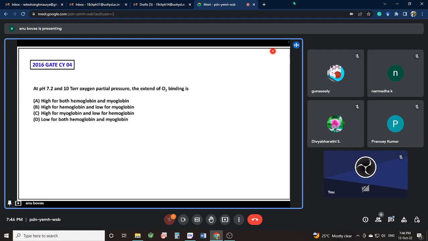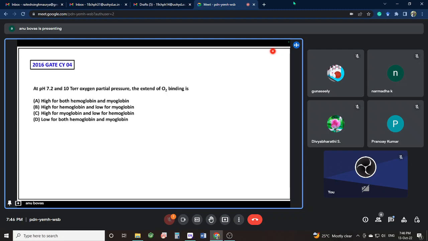So there is no confusion in the case of partial pressure. It should be high for myoglobin as well as hemoglobin. But we have to check the pH. pH normally is 7.4. This is lesser than that, 7.2. Myoglobin has no effect, so since partial pressure is high, it will be high for myoglobin.